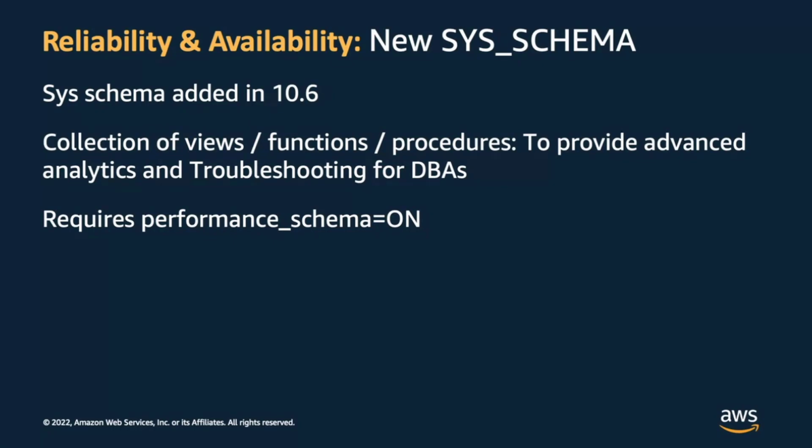If you want to see how your systems are running, if you want to do some analysis, you can query the sys schema, which gives you a collection of views, functions, and stored procedures. So if you want to use sys schema in RDS MariaDB, you need to enable performance schema within the RDS parameter group, turn it on, and then you will see the sys schema start collecting all the data that is required for you to troubleshoot as a DBA.